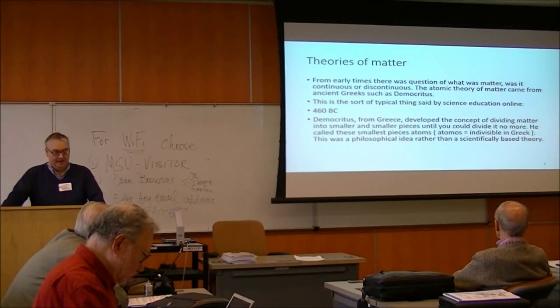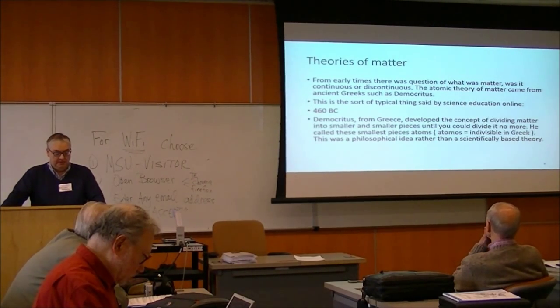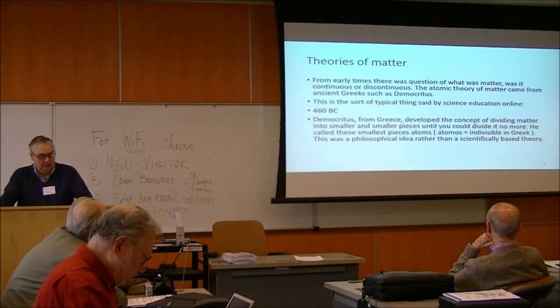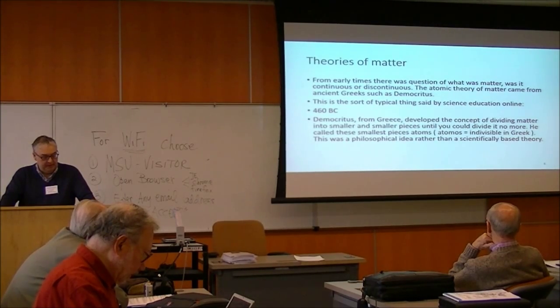From the theories of matter from early times, there was a question of what was matter made of. Was it continuous or discontinuous? The atomic theory of matter came from the ancient Greeks, such as Democritus.